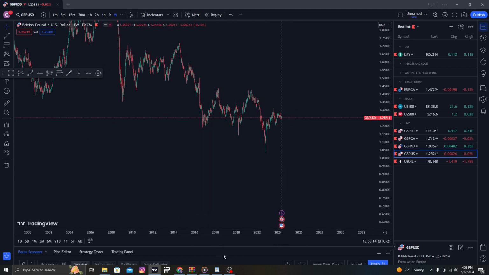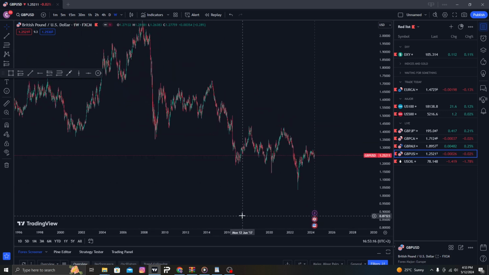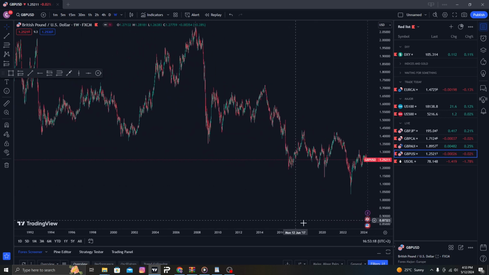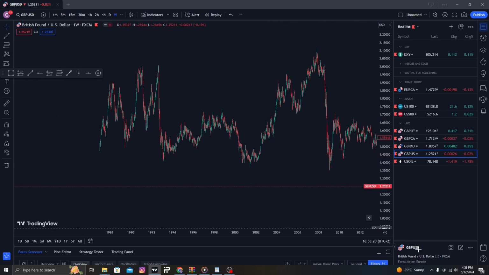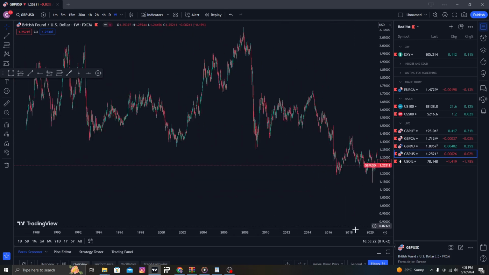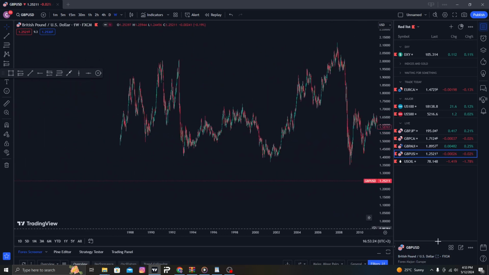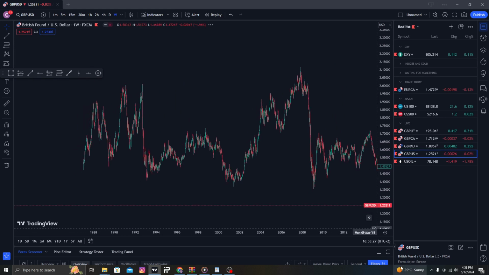Remove drawing. So this is your chart. You want to judge, is this a downtrend or an uptrend? Right now on this chart there are two trends, an uptrend and a downtrend. So let's start with the uptrend. This is the uptrend that we have here.